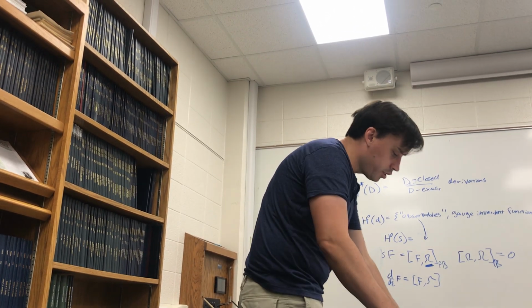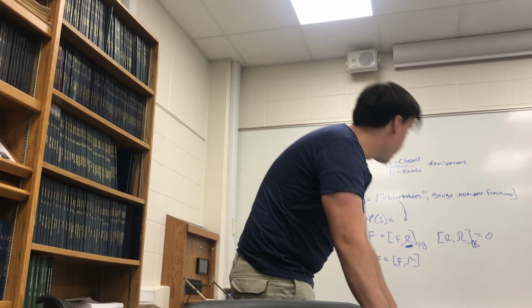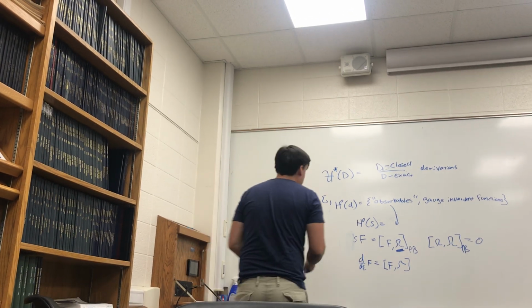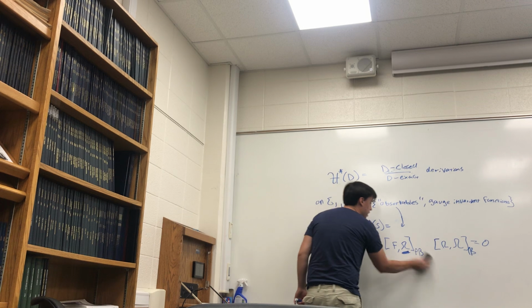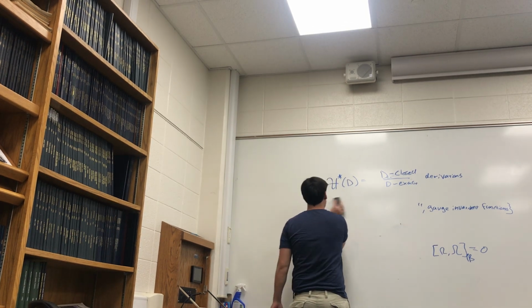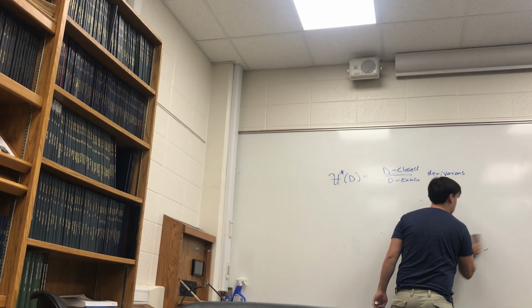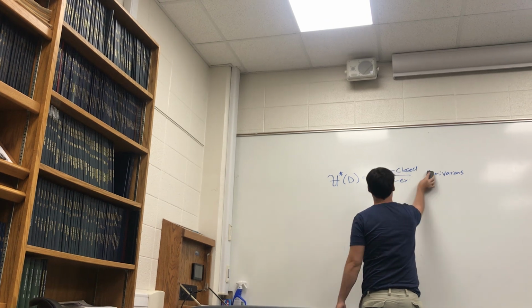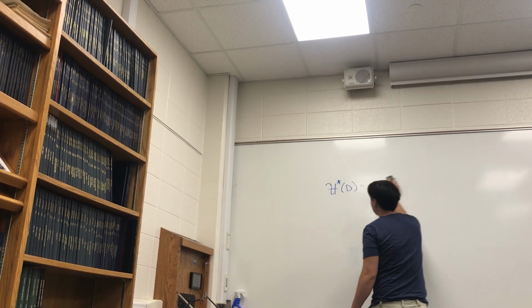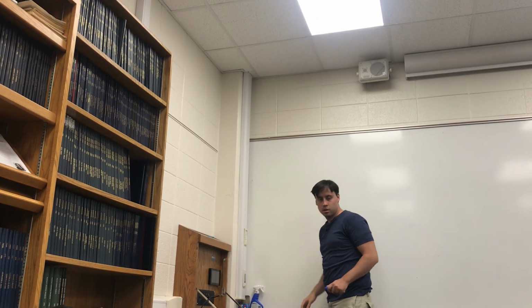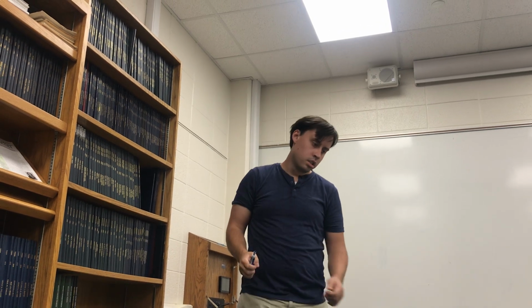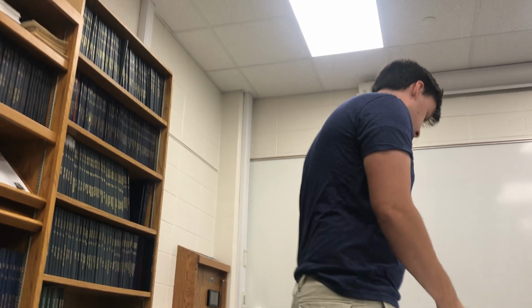Okay, so the differential modulo delta is, let's just do this real quick. I think this one should be easy to understand. Basically it's using it to take homology of homology. Homology of homology.